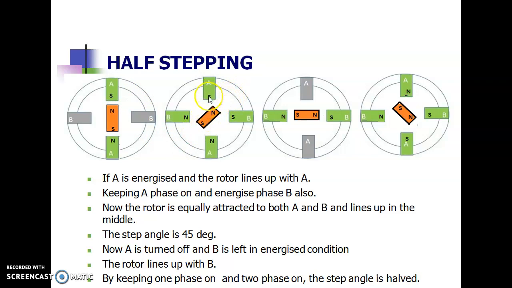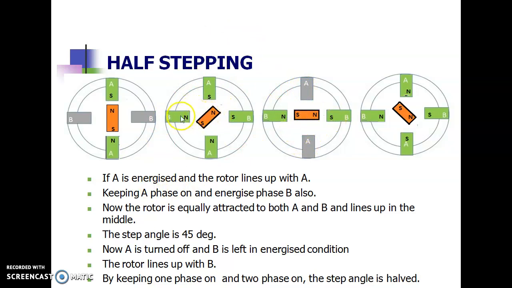In the previous case, the full stepping process, the rotor lines up with one pole, so the step angle we are getting is 90 degrees. But in this case, it is going to lie in the middle, so the step angle is 45 degrees. Now again A is turned off and B is left in the energized condition.